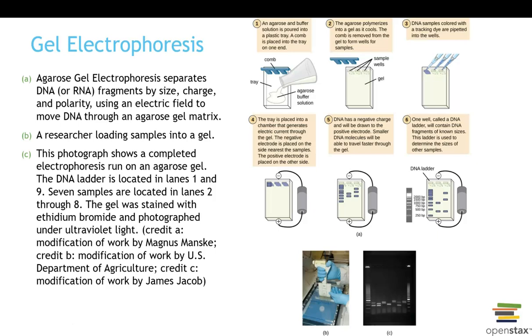Usually they use a dye to stain the DNA, usually a fluorescent dye called SYBR Green. Then by using the illuminator, the UV light, you can visualize your DNA on the gel.